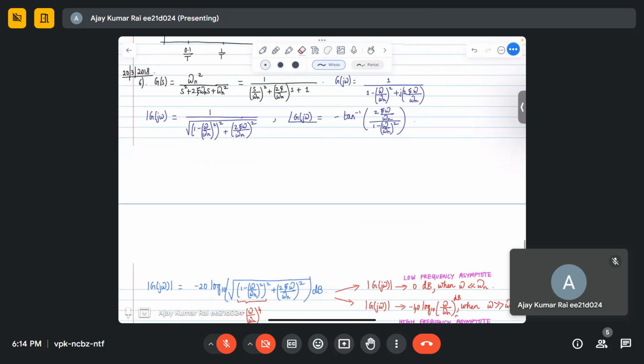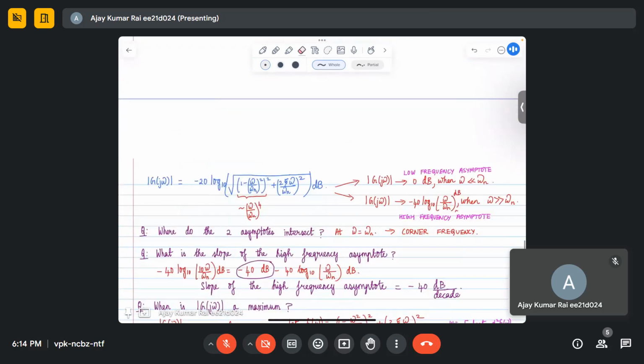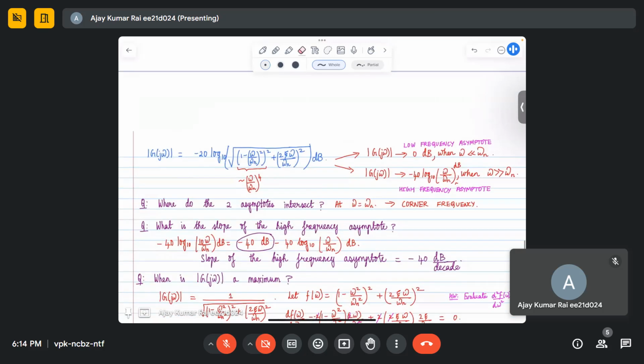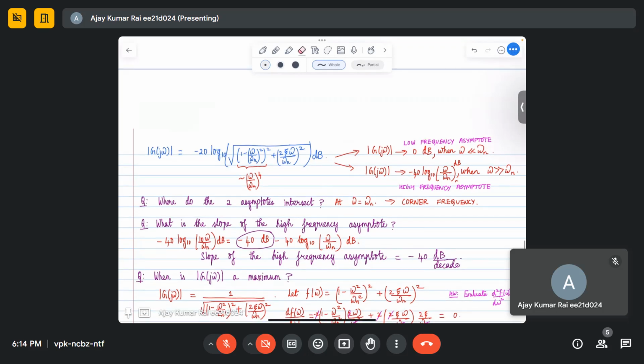Same thing for the second order function also. We are plotting the low frequency asymptote and the high frequency asymptote. You can see here at low frequency it's 0 dB, and at high frequency it's minus 40 log of omega by omega n. So this is the condition.